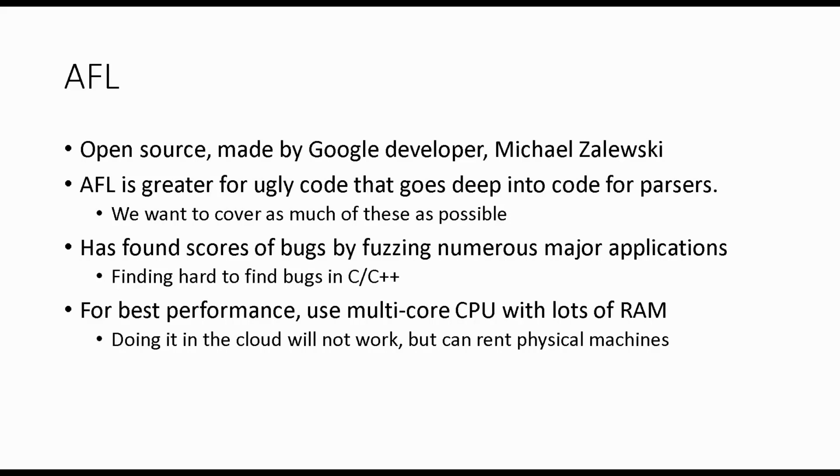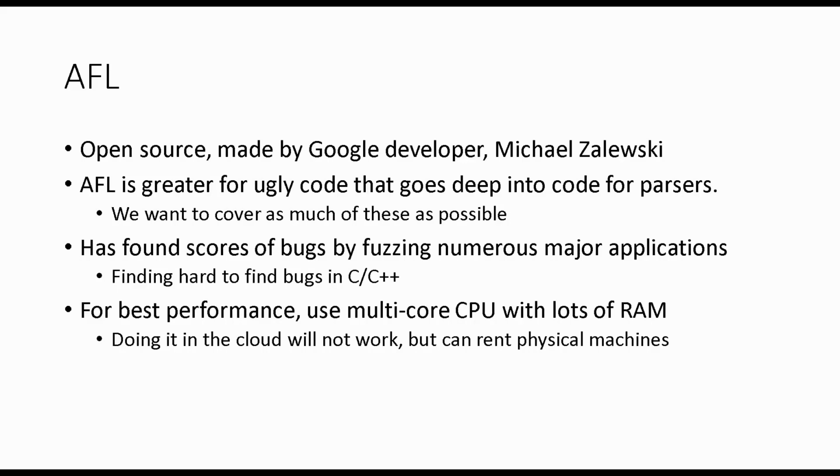AFL can penetrate those much more easily than other types of parsers. And there have been informal studies showing the efficiency of AFL on something just like that compared to a more traditional fuzzer, and it really is light years ahead.